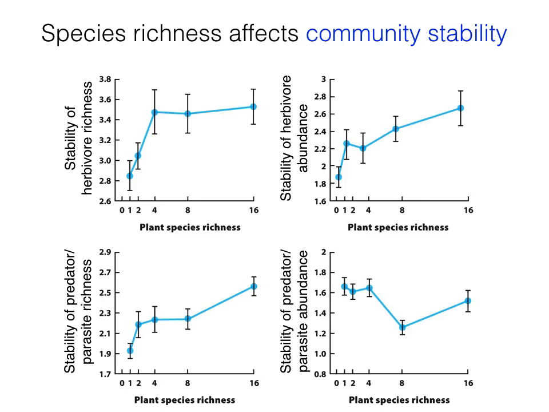So the stability of available resources was an important reason why communities at the higher trophic levels were more stable as species richness increased. Similar patterns have also been observed in other communities, where increasing species richness seems to affect the stability of the community at other trophic levels.